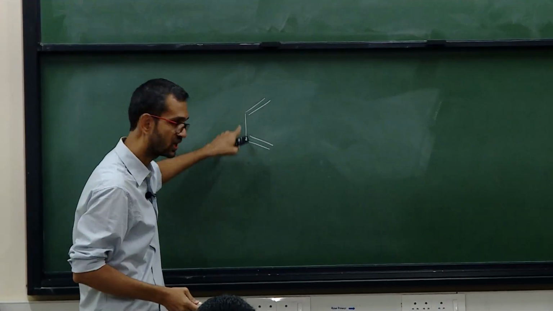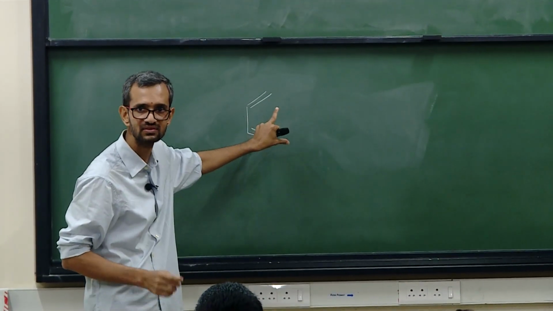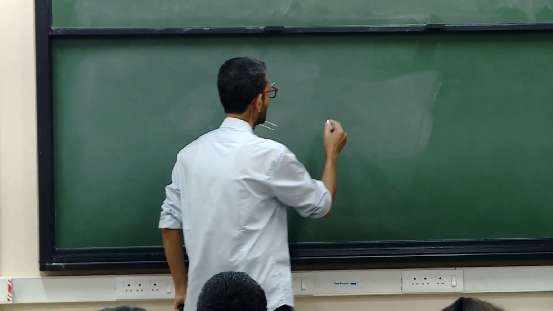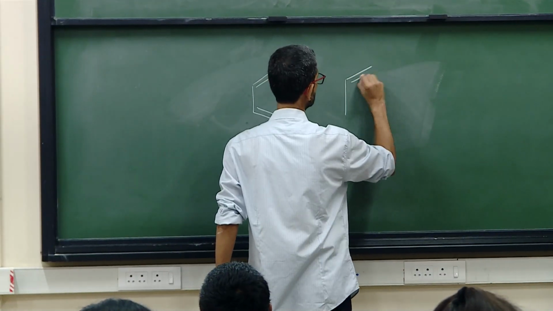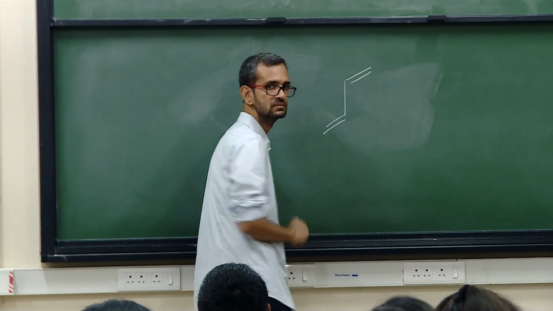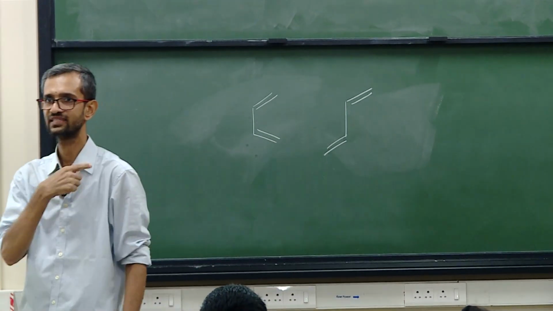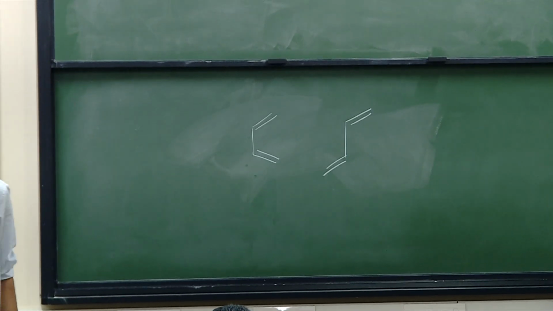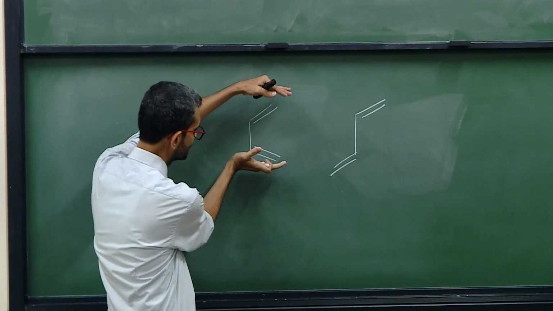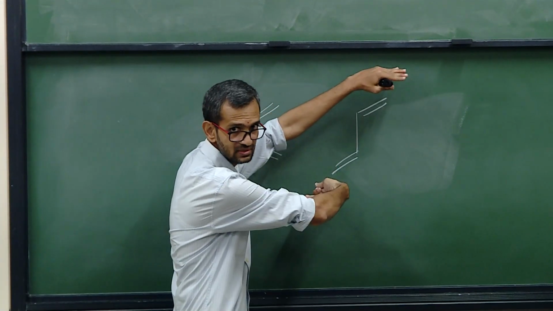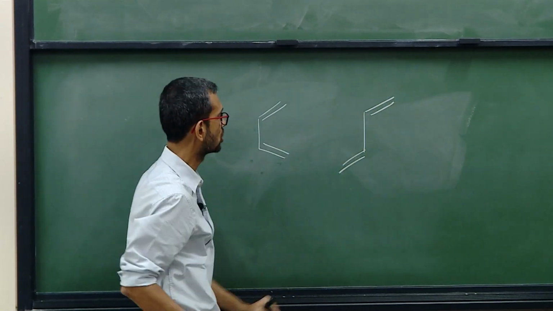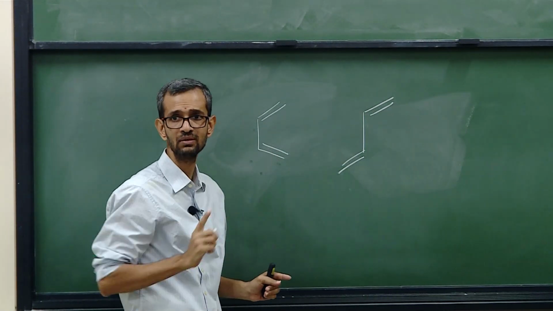You can draw the olefins across the single bond like this, one way of drawing it. Another way is like this. I can place the olefins in opposite directions. So this is across the single bond.